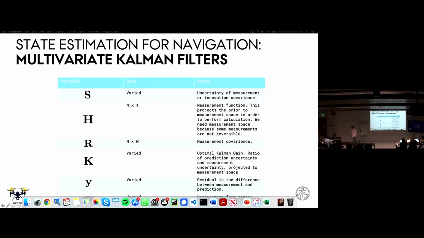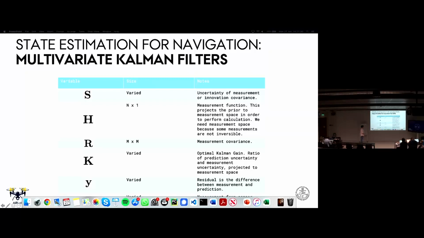So for example, if you have a sensor with a data sheet that gives you the specifications of the sensor, you can encode that into a measurement covariance matrix, and it's going to recalculate, and given R, you are either more likely to trust your measurement, or more likely to trust your current position.